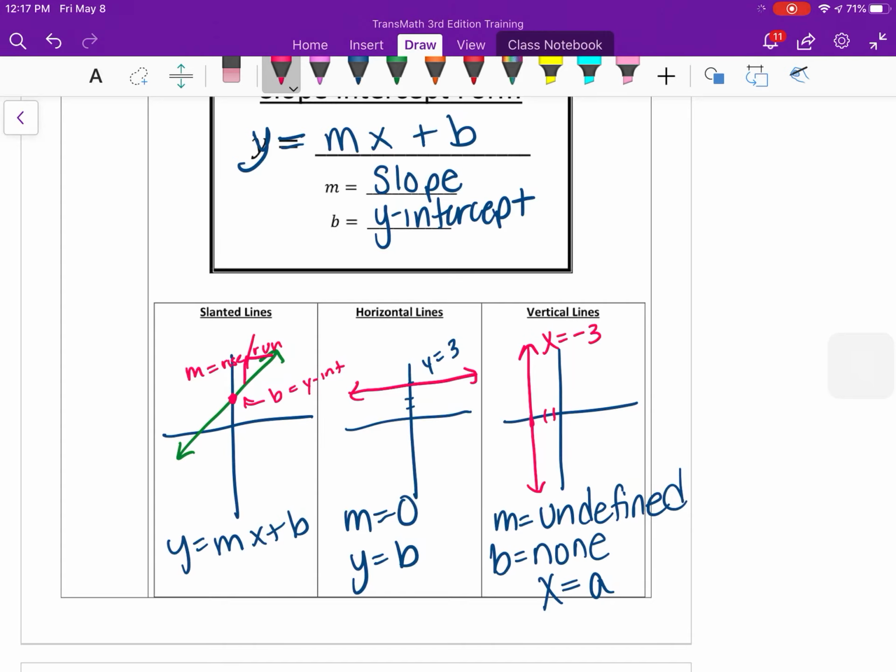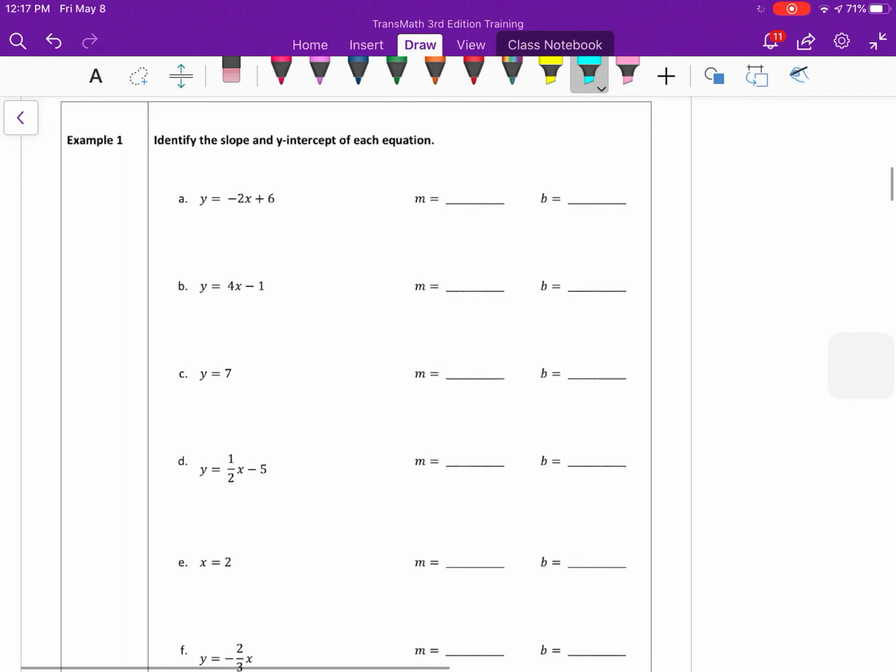So x equals a number is a vertical line. Notice that slanted lines and horizontal lines are both y equals. Vertical lines are x equals. So that's the special case one. That's the one with undefined slope and no y-intercept.